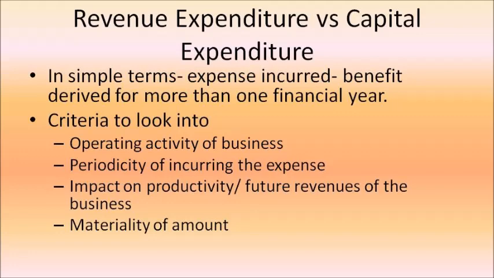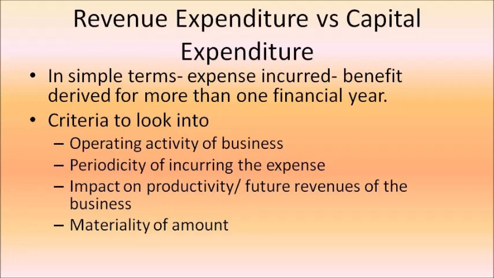Secondly, periodicity of incurring the expense. In case of a manufacturing concern, the purchase of machinery is a capital expenditure because they do not incur it very often. They incur it in one particular financial year, and of course those machines get used for more years over their useful life.